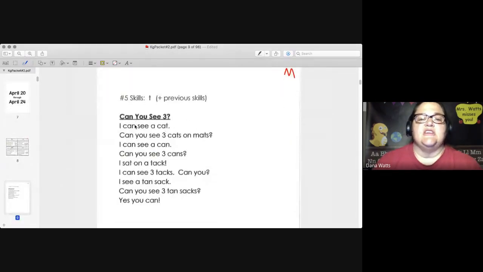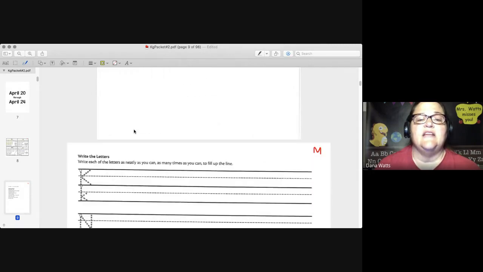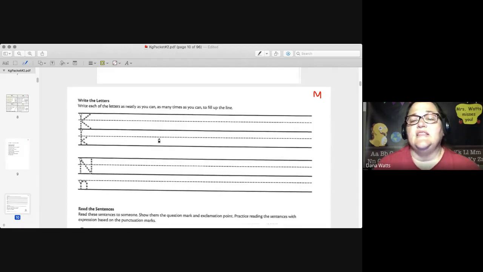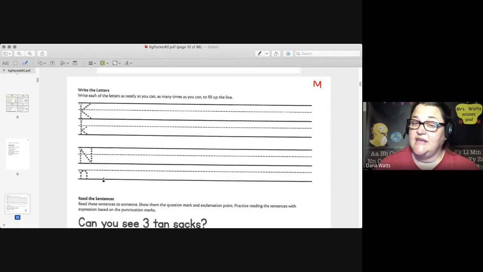Your next page is a decodable story that has a lot of short A words. So your child will practice reading the story. And then on the next page, they'll practice something that goes along with that story. In this instance, it's just going to be writing capital and lowercase k and capital and lowercase n.